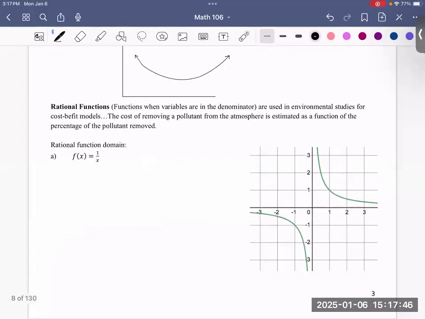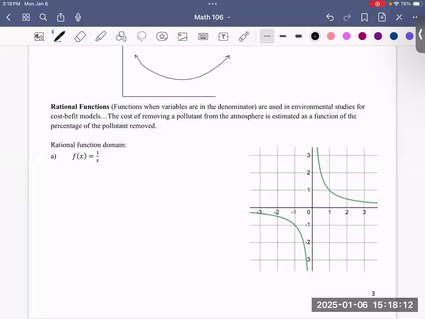Now, rational functions, these are when your variables are located in your denominator, like we're going to see down here. These are used in environmental studies for cost-benefit models. The cost of removing pollutant from the atmosphere is an estimate as a function of the percentage of a pollutant removed. So these you'll see also in this real-life context.